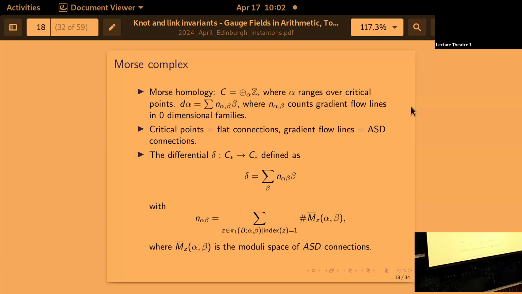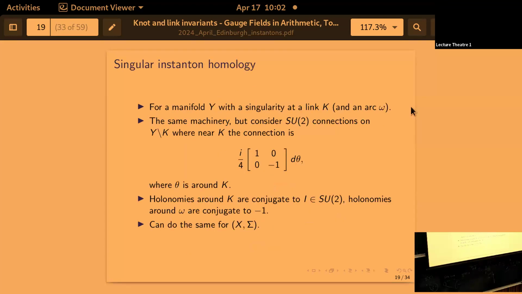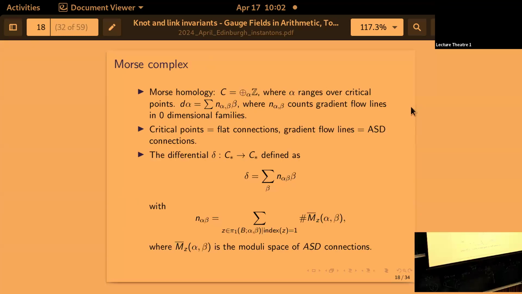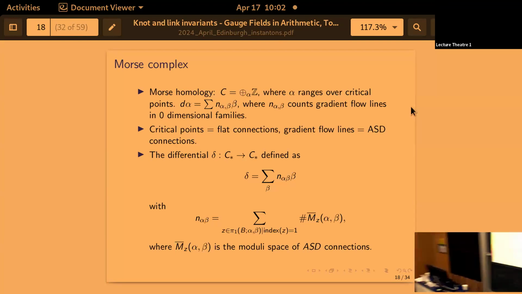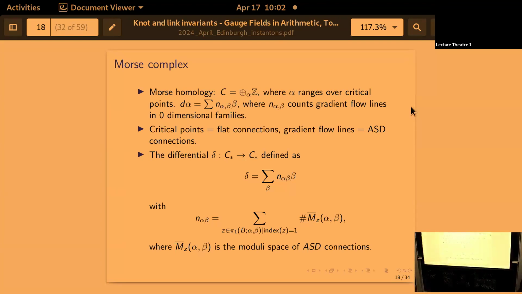Okay, so this is all just for a 3-manifold, but the concept I initially started this talk about was knots and links. It turns out you can also do a singular version of this to get an invariant of knots and links. Sorry, I should mention that it's not actually true that it works for any 3-dimensional manifold. You need to do a few extra things to make sure these spaces behave nicely.